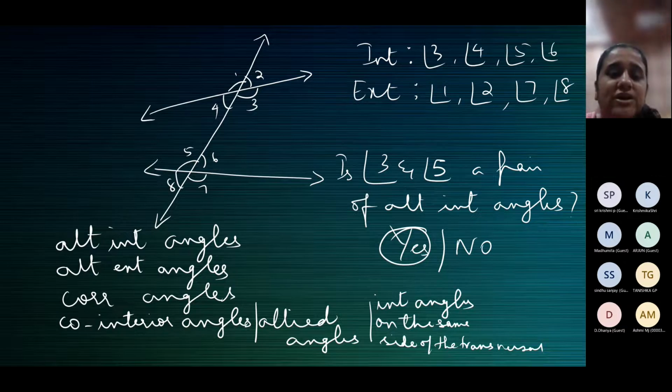Now tell me a pair of corresponding angles. Angle 3 and angle 6. Angle 4 and angle 5. No, one minute. Somebody's wrong. Not angle 4 and 5.